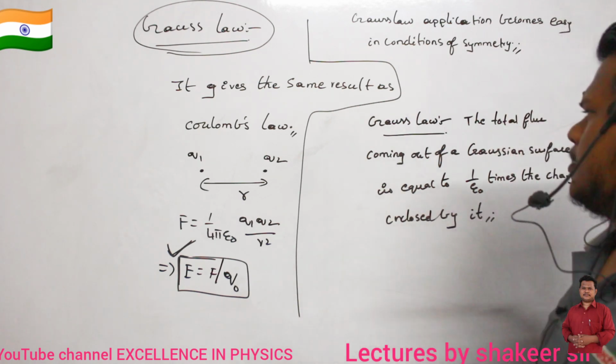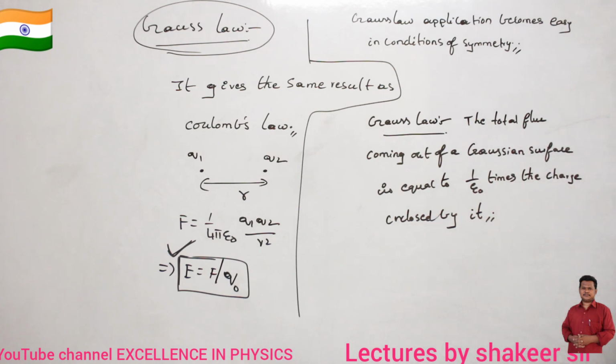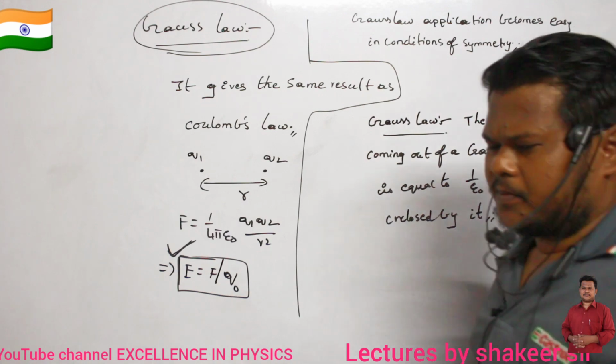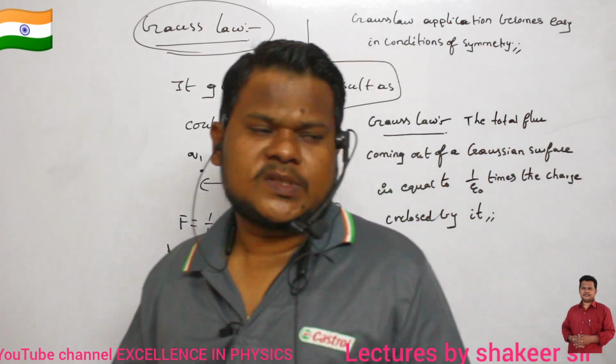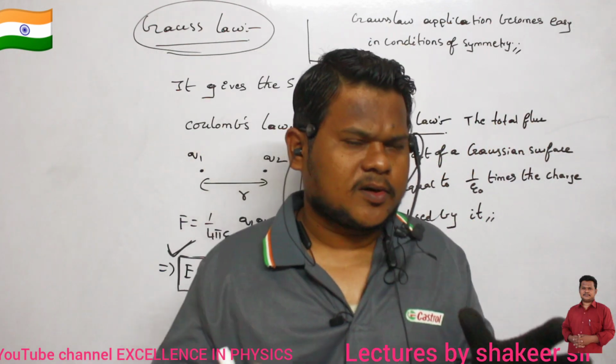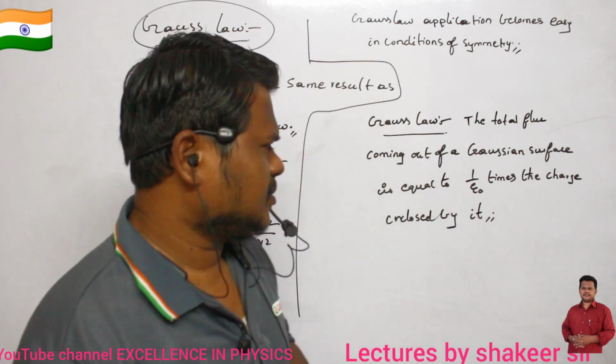It means the total amount of flux which is coming out of a Gaussian surface is equal to 1 by epsilon naught times the charge enclosed by that Gaussian surface. Are you able to understand?